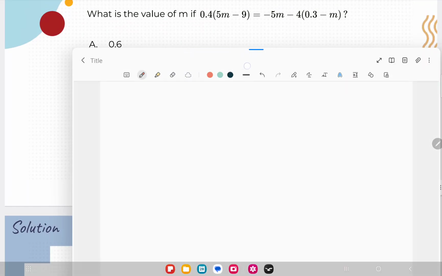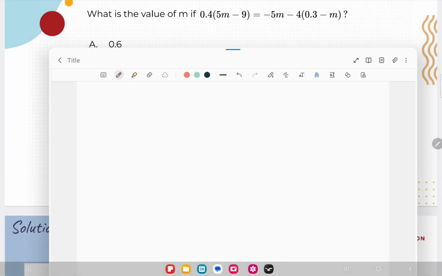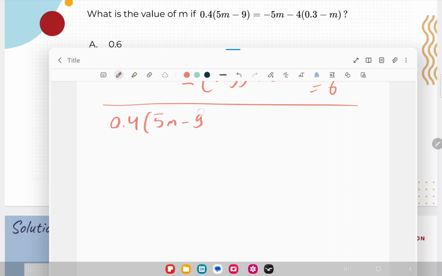Okay, this one is quite easy. I'll do it real quick. So 0.4 times (5m minus 9) is equal to minus 5m minus 4 times (0.3 minus m).